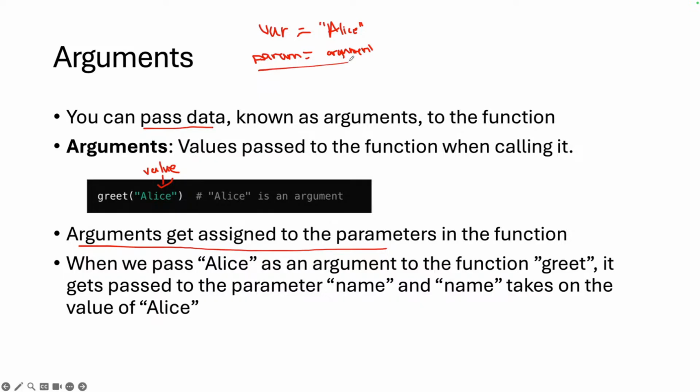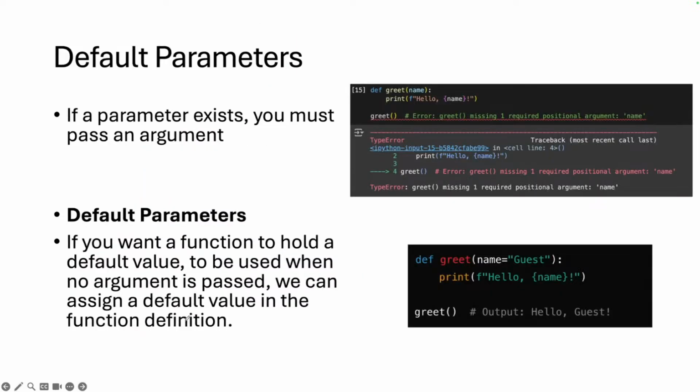So when we pass Alice to the argument in the function greet, it gets passed to the parameter name, and name takes on the value of Alice. If we passed Emily, Emily would take on the value of Alice. Yeah, of course.